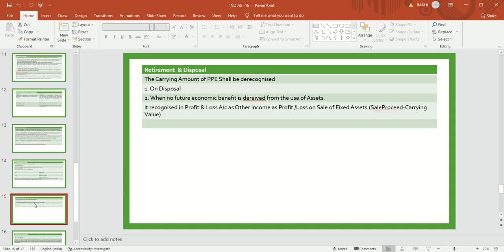Retirement and disposals. How will the company treat it? We know the initial recognition when the asset is purchased.